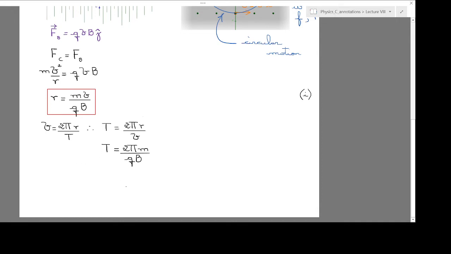And of course, because the frequency is the inverse of the period, right? We can directly write here, just for the nostalgic feeling of high school, this is the inverse, so this is going to be qB divided by 2 pi m.